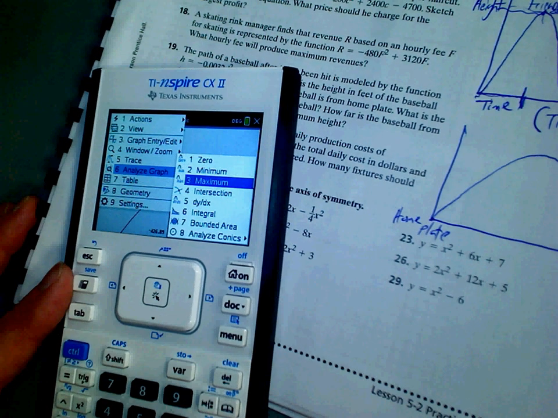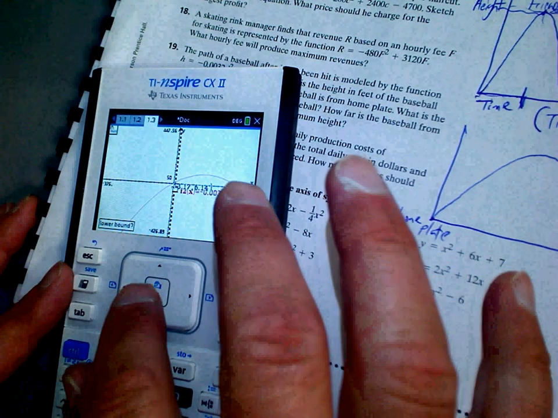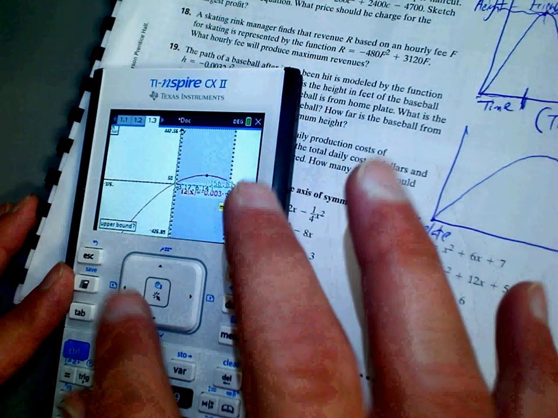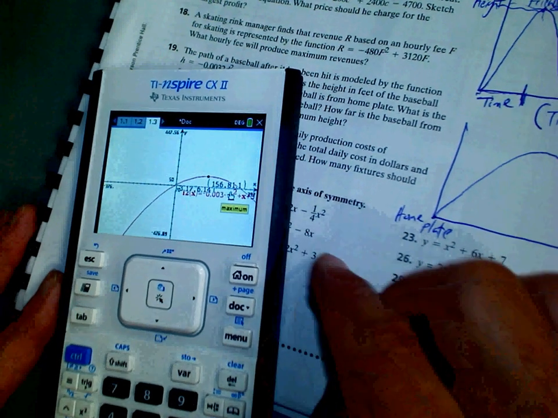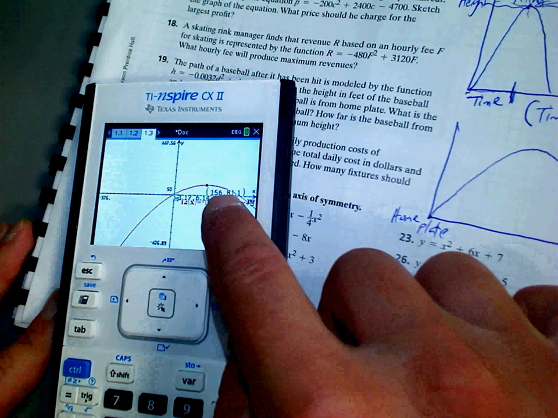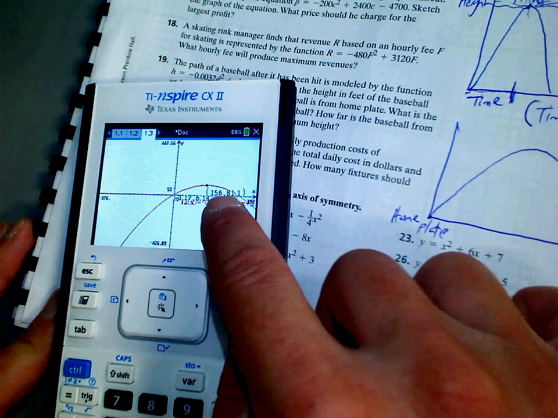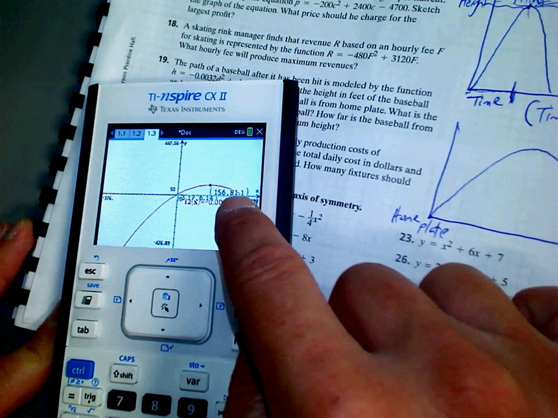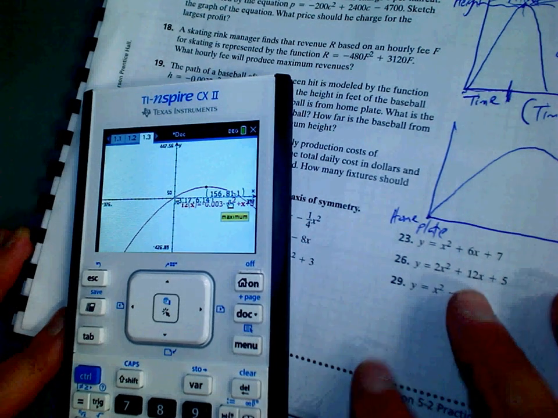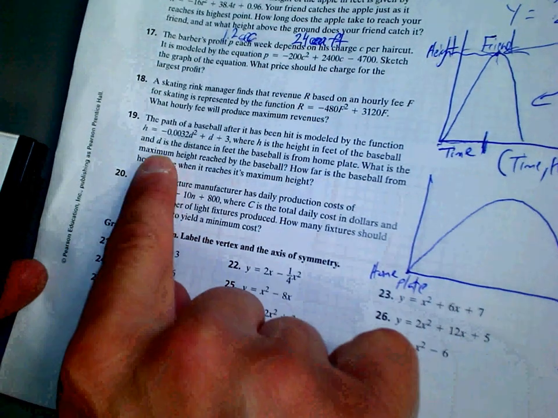Lower bound. Come across. Y'all see that? Y'all got that? 156 feet. It traveled 81 feet, 81.1 feet in the air. Is that the question? What is the maximum height reached by the ball? 81 feet, right? 81.1 feet.